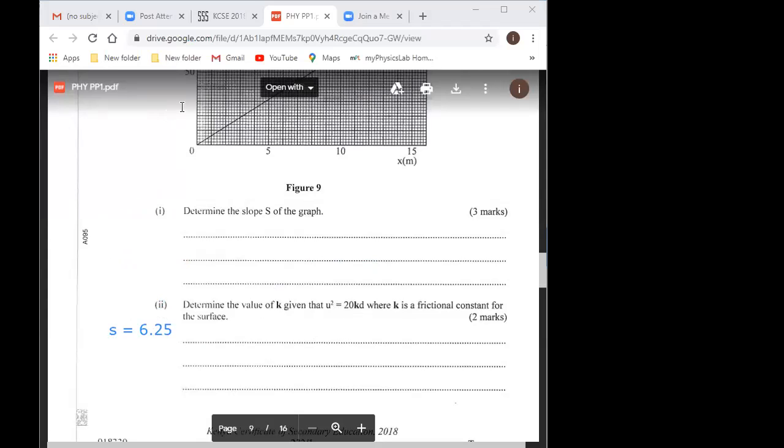Our graph is u squared against x. So that one, from the look, we can see that it is already in the format y is equals to mx plus c. C is y-intercept, and because y-intercept is 0, then this one is equals to 0. Y-axis is u squared, this one.